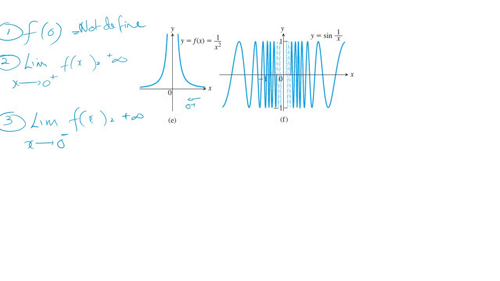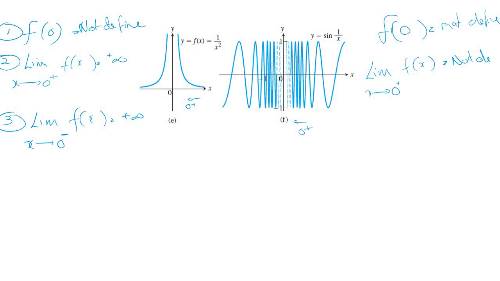Let's look at this. The function at f(0) is not defined, and as x goes to 0 from the positive side, f(x) is also not defined, because what it's doing is oscillating up and down as x goes to 0.